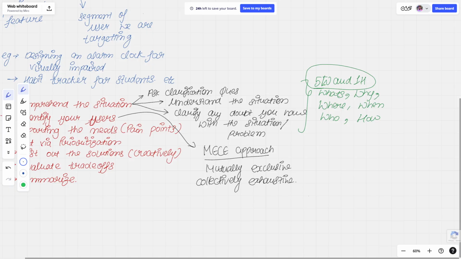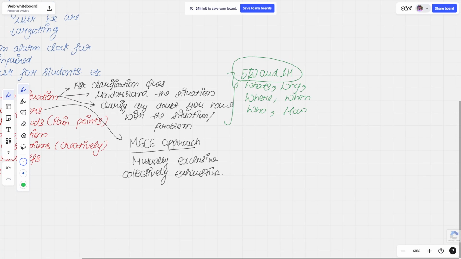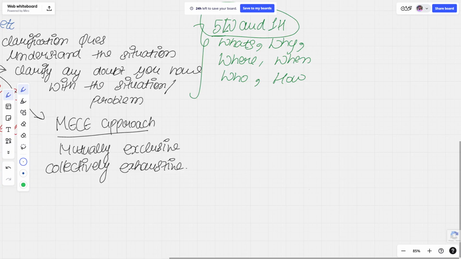Cool. What this means is that you have to segment your users in a way that none of the users is segmented into similar categories and none of the users is left out. So this is the whole idea.